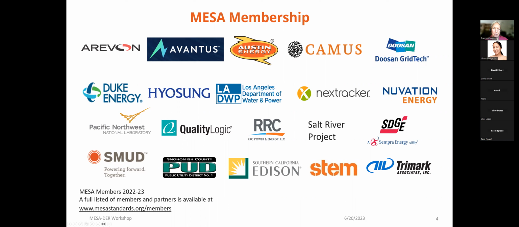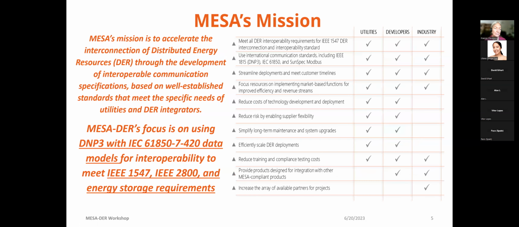And as you can see, Austin Energy, LADWP, Duke Energy, SMUD, Snohomish, of course, Southern Cal Edison, Salt River Project, SDG&E. So there are a lot of utilities, as well as, of course, the vendors, Doosan, STEM, of course, Trimark, and many of the others. It's really important to have a mixture of utilities and vendors.